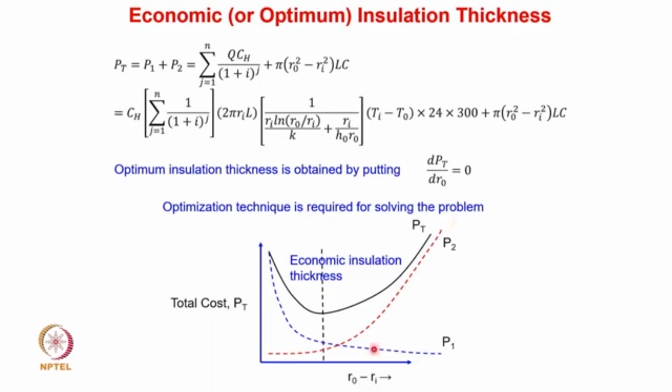So if we consider both these costs P1 and P2, there is a point somewhere here where their sum is minimum. This particular point represents the optimum value of the insulation thickness. So we can apply the insulation with this optimal thickness, which is going to minimize the cost required for the insulation and its return.